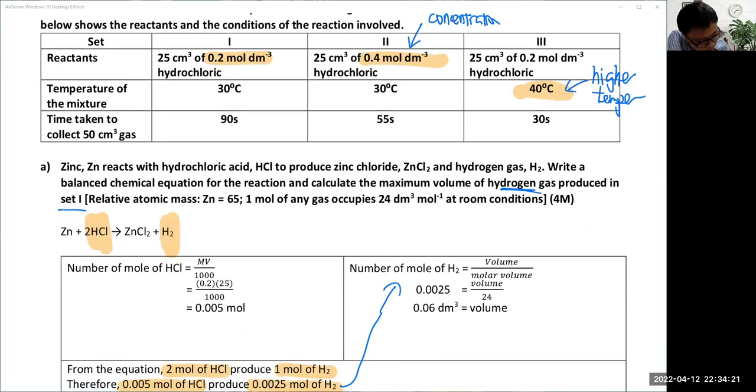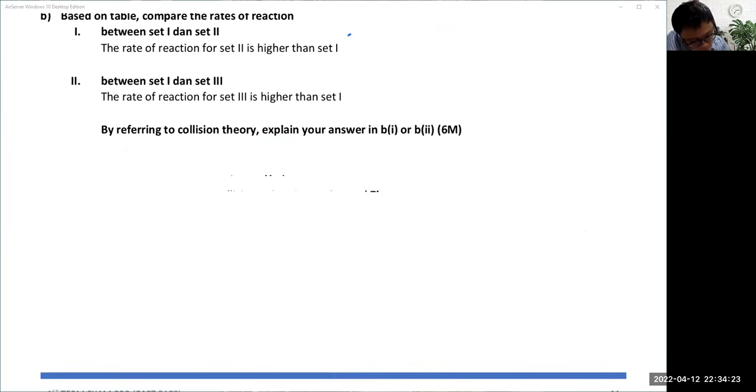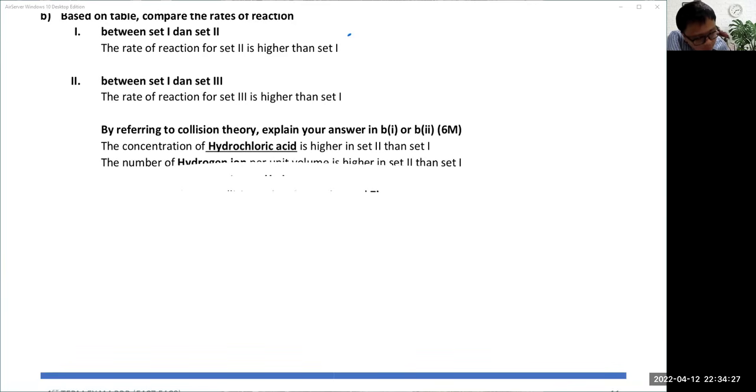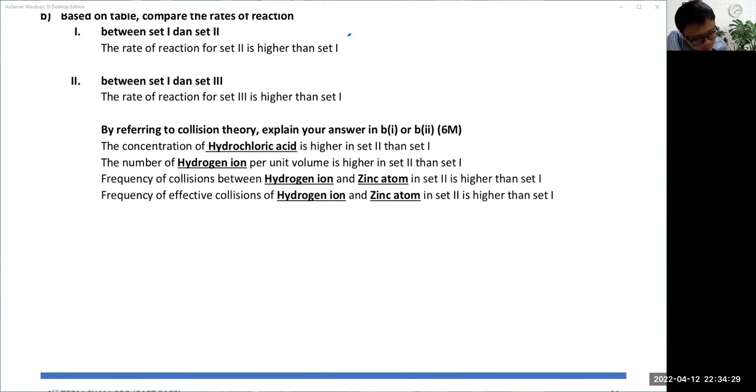Okay, so look at the answer, what they achieved. My answer would refer to set 2. So same as this one, higher concentration, that the number of hydrogen ion is higher, then frequency of collision will increase between the hydrogen ion and zinc atom, then frequency of effective collision between hydrogen ion and zinc atom. Okay, so you can see we just did 2 questions, very similar questions.